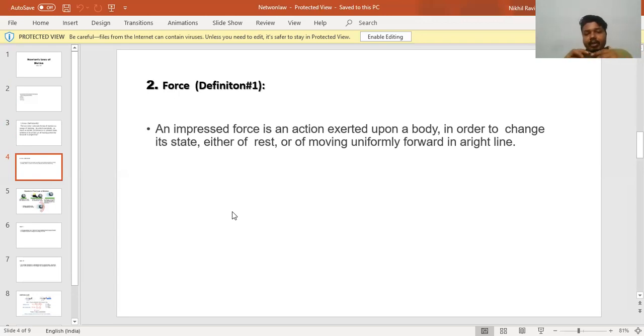Another thing, if it is moving and we apply a force, this is the force. If it is moving and we don't apply a force with another object, that is called no force. So this is the definition of forces.